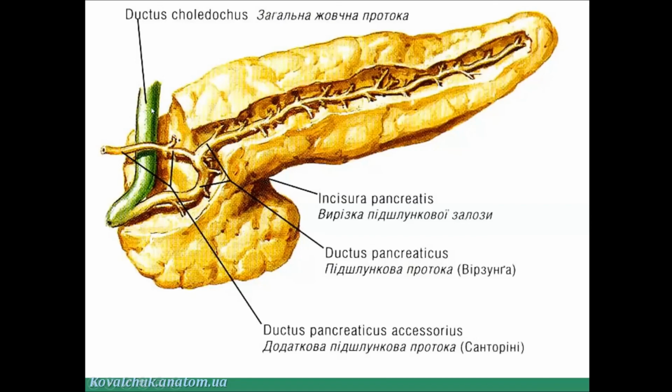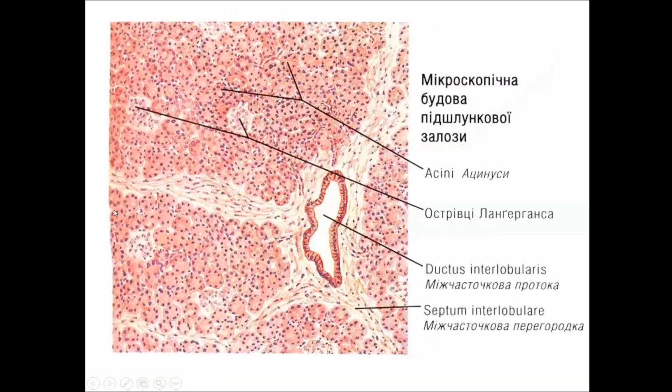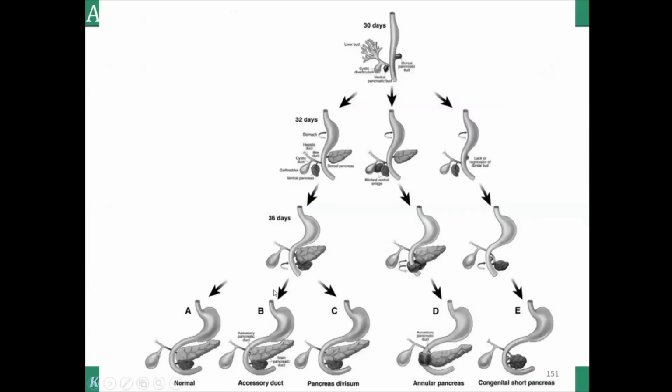Main and accessory, and the choledochus or bile duct, opening in the descending part of the duodenum.